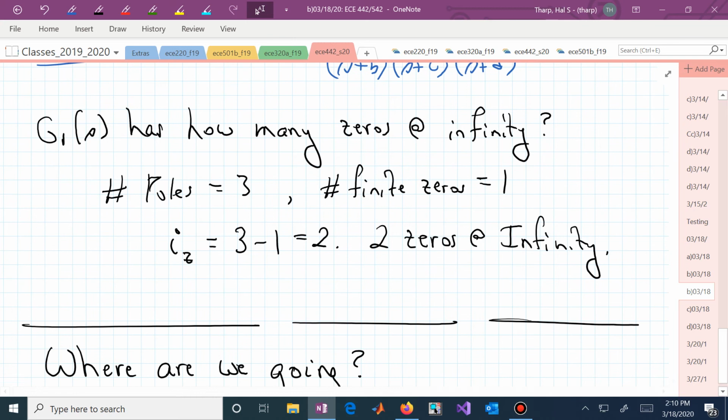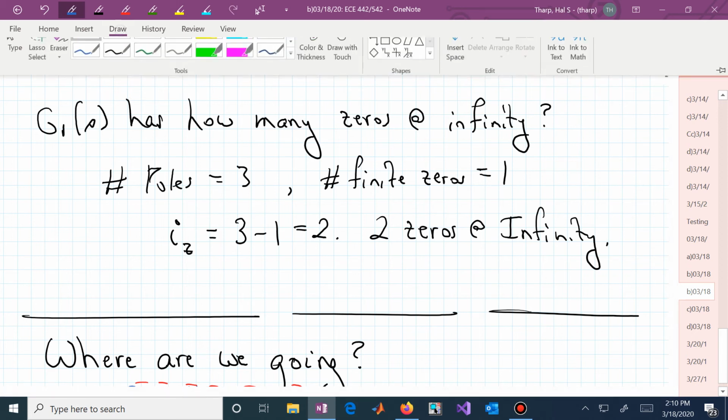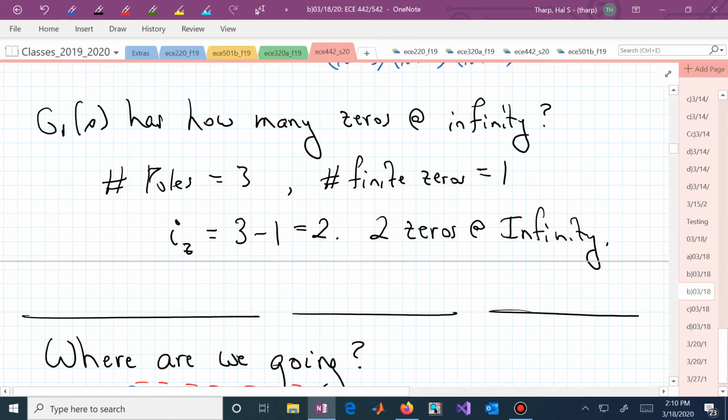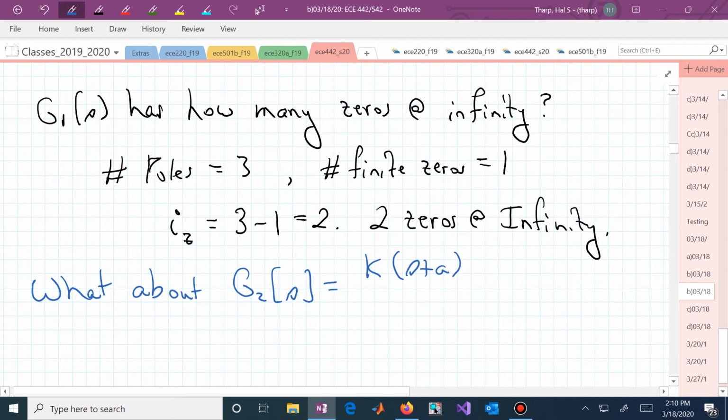What if now, the next question that is being asked by some, and maybe it's in everyone's mind and they just haven't decided to ask it, what about G sub 2 of S, where G sub 2 of S is now k times s plus a, s plus b over s plus c.